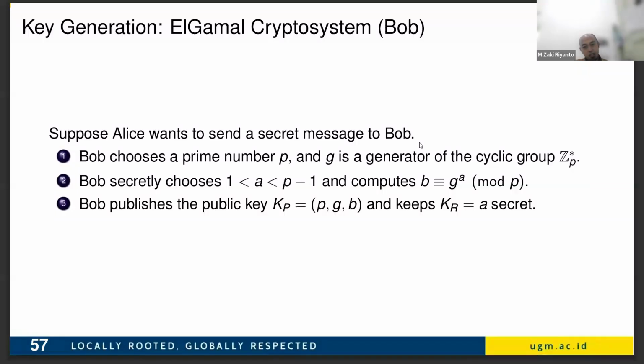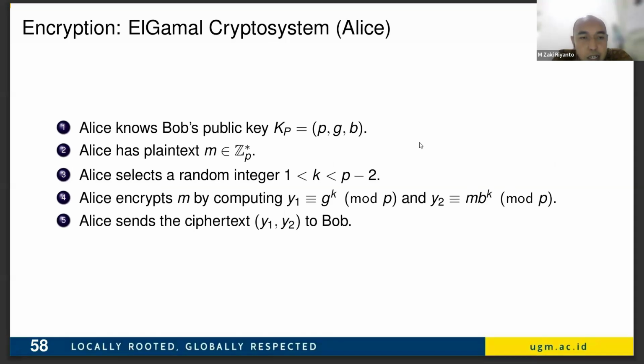Okay. The proof is also very simple. In every encryption, Alice selects a random integer k. So different from the RSA crypto system, the ElGamal crypto system is random. The ElGamal crypto system is a randomized crypto system.